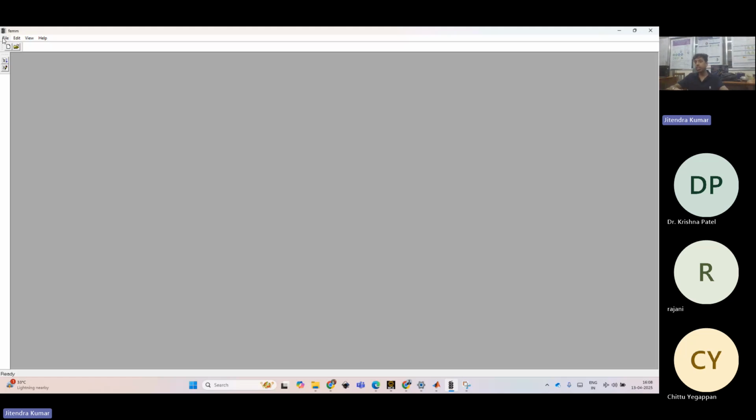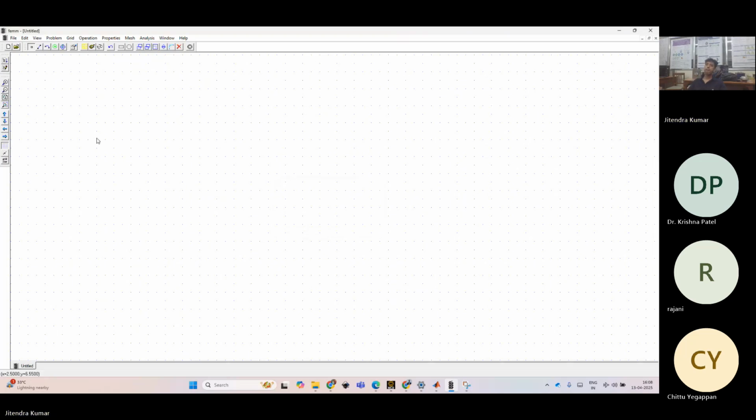It is not a very user friendly interface. It has such an interface. Let me open a new one. If you are solving any magnetic problem, you have to open here, right? Now, there are very limited options here. You could see here on the top of the tab.